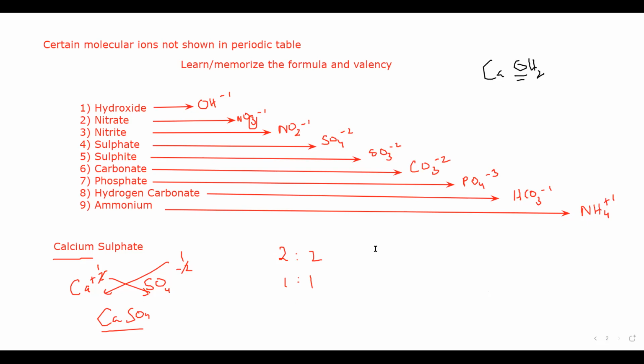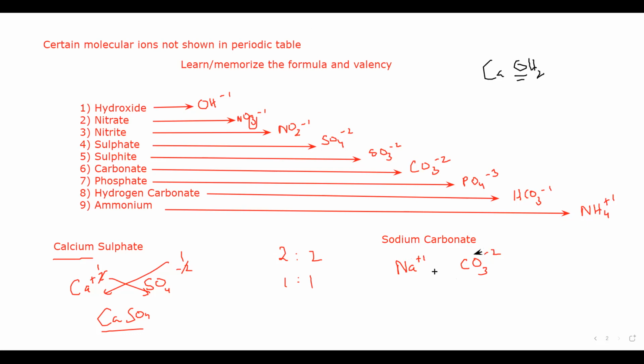If I want to write a chemical formula for sodium carbonate, first we'll use the periodic table. Sodium is Na with a charge of 1+, and carbonate is CO3 with a charge of -2. It is already simplified, so we cross multiply.